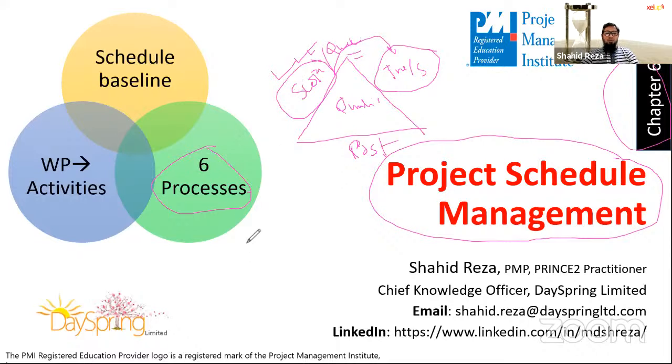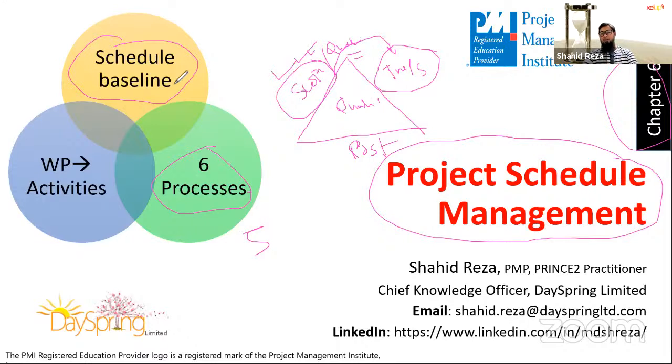So 5 will be in the planning process group and only 1 will be in the monitoring and control process group. And from this chapter, we'll get the final schedule that will be approved by the sponsor. That will be the schedule baseline.